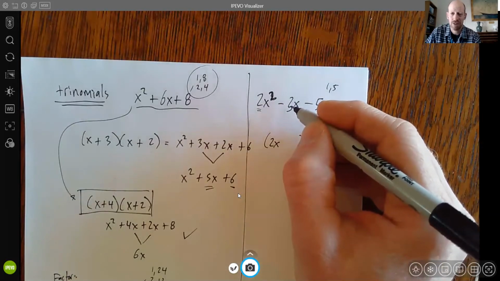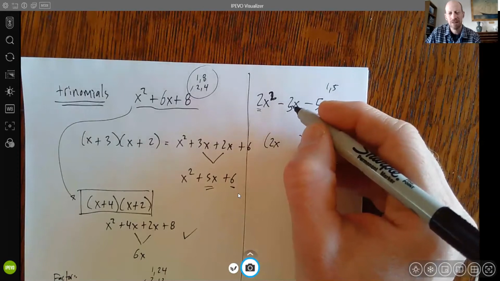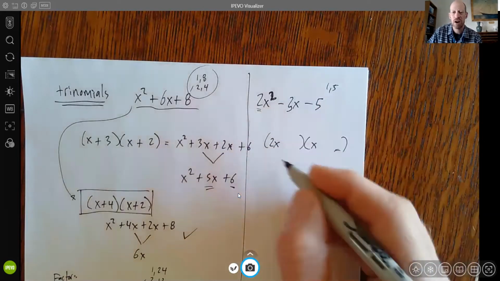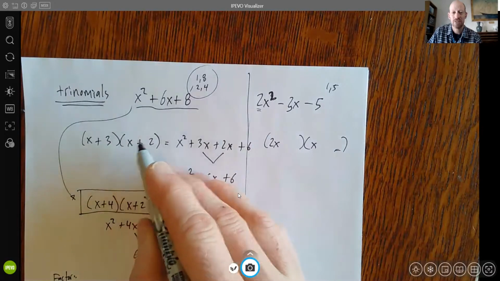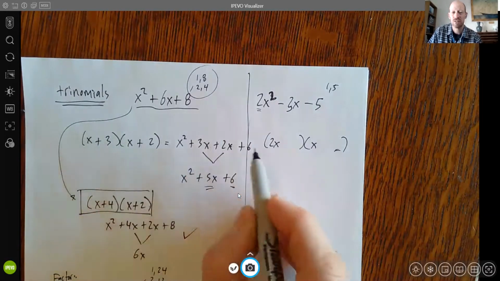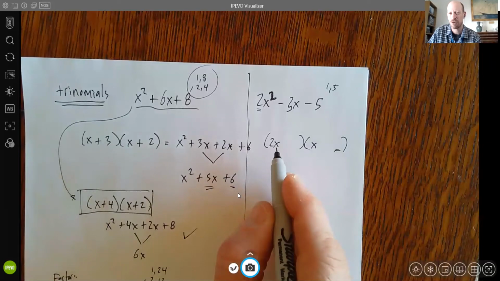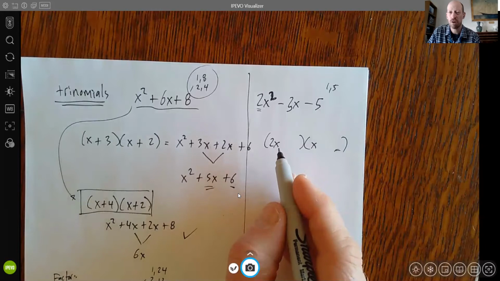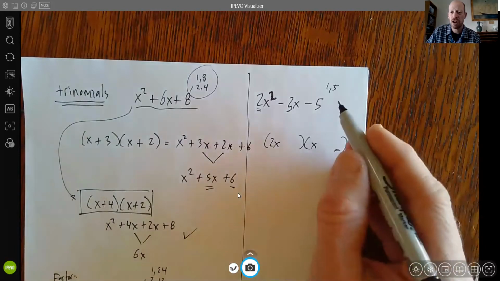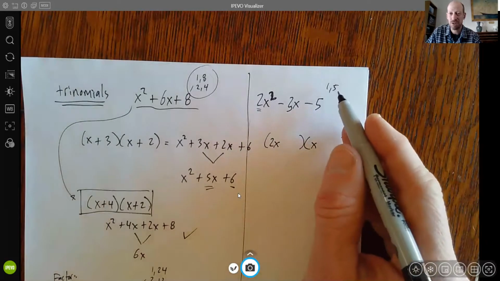So this can't factor. Say not so fast, because it's no longer just the 2x and the 3x. Now we've got this extra 2 that we have to incorporate into the mix. So it's even a little bit more trial and error, a little bit harder to figure out how it works.